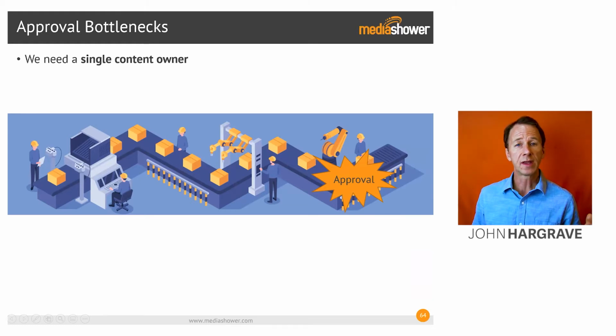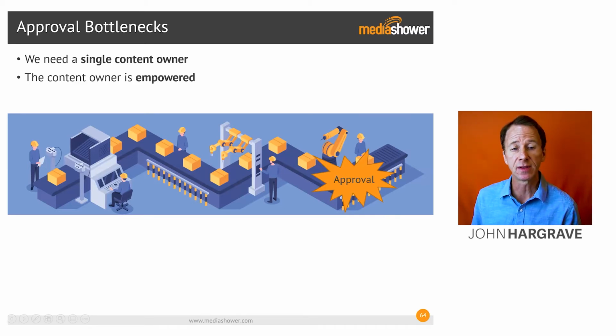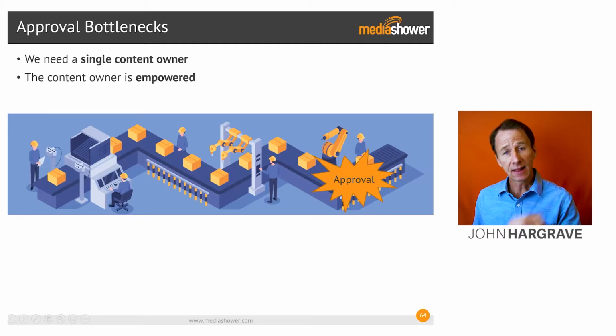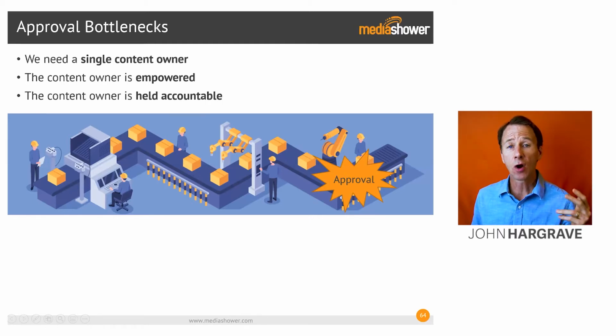So often we'll hear clients say, why don't you just show all of us and we'll all give you our feedback? Well, the result of that is usually that no one gives the feedback because there's not a single content owner. So we need one person who really has responsibility for this. And again, like the production role, they need to be both empowered and then also held accountable for the results. In other words, for getting the content approved and through the system.